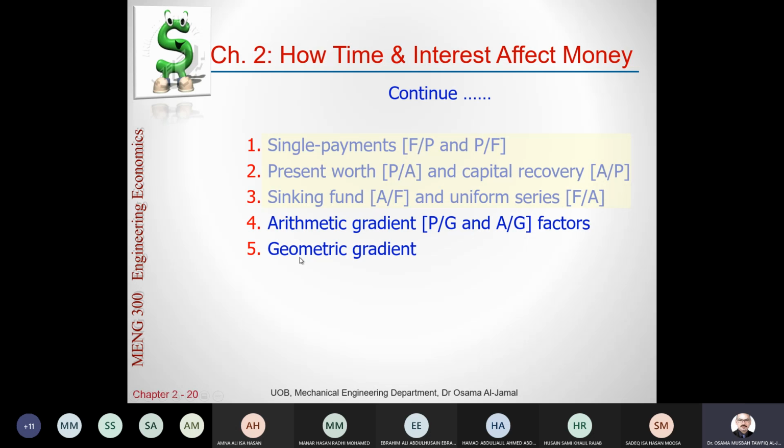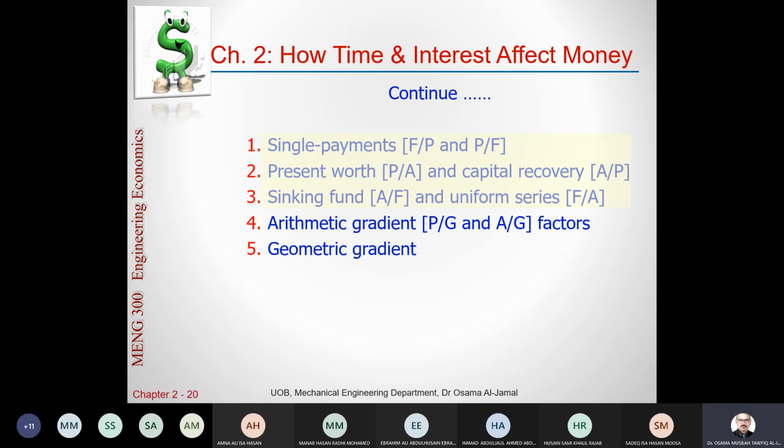But coming to the next lecture, we are going to cover geometric gradient. Notice we don't have a standard factor for it, like what we have for those in here. We'll see it inshallah next lecture. But today, let's concentrate on the arithmetic gradient. And let's see what is that arithmetic gradient.